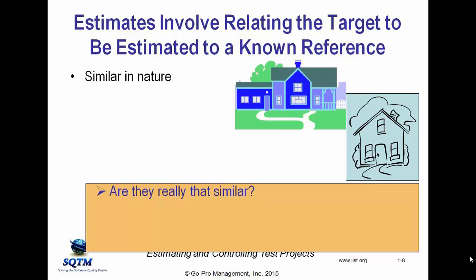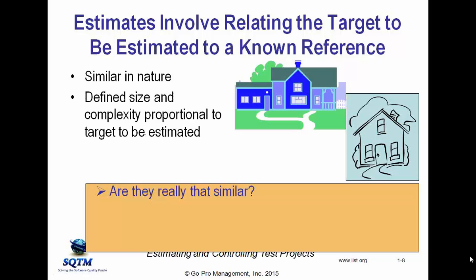Well, what it took to build the ramshackle place might not translate directly to what it takes to build the different place. Okay? And that can change dramatically if it becomes a very modernistic place and so forth. So there can be big discrepancies when the target and reference are not all that similar.